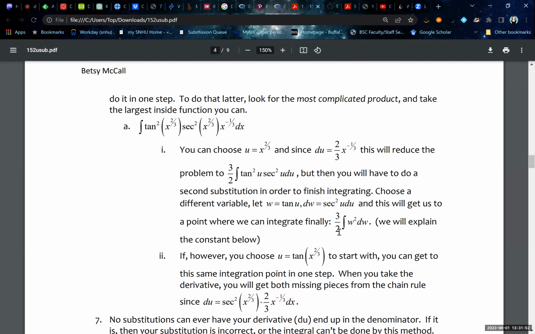Now, if you feel like it's easier for you to do it in two stages, then by all means, my recommendation would be to do it in two stages. It will take longer, but if that's going to help you get to the correct answer, then that's what you should do. But when you get comfortable with it, making this more complex substitution and doing it in one step will make the problem go faster.